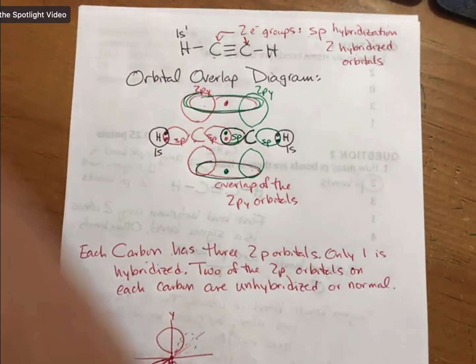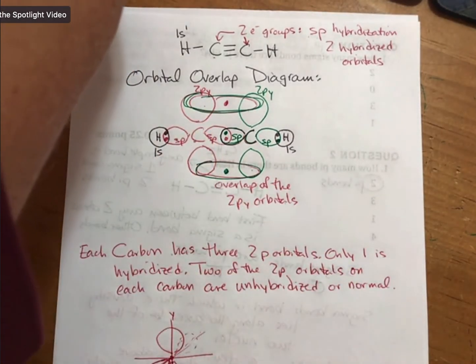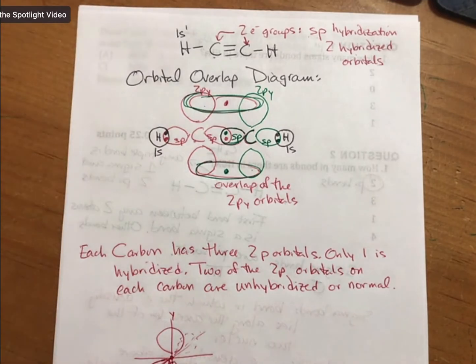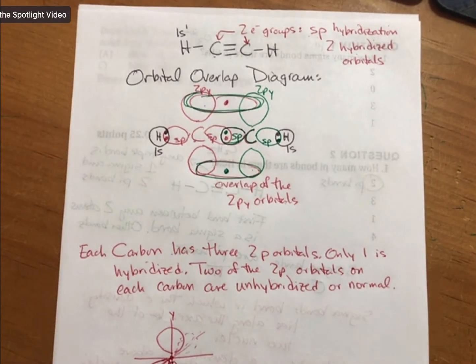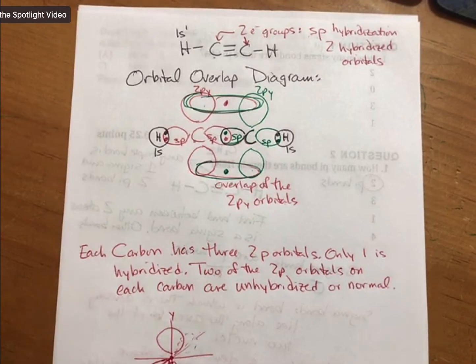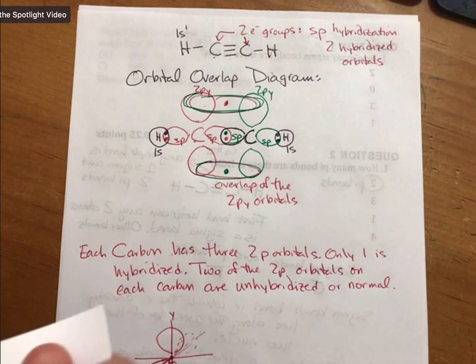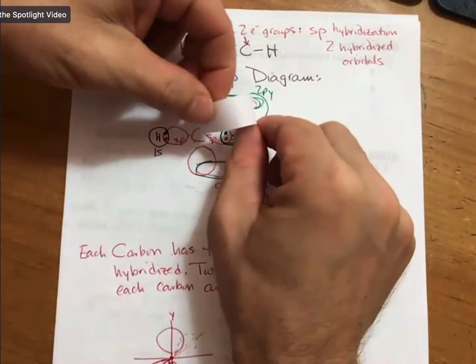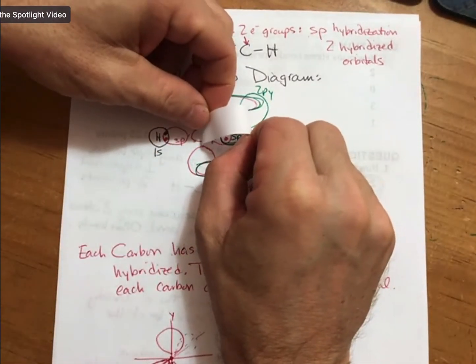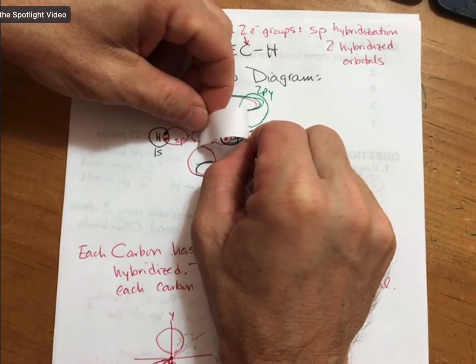And let me see here. One of the things I've asked you to do for the homework is to actually model and make a 3D model of a pi bond. What you can do is take a piece of paper and build it out of the page.